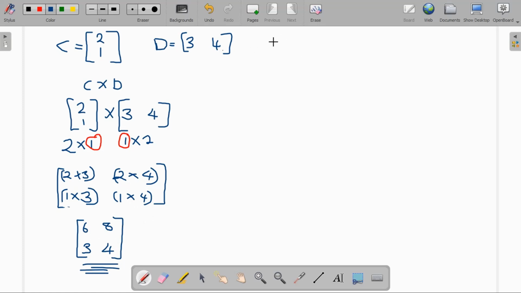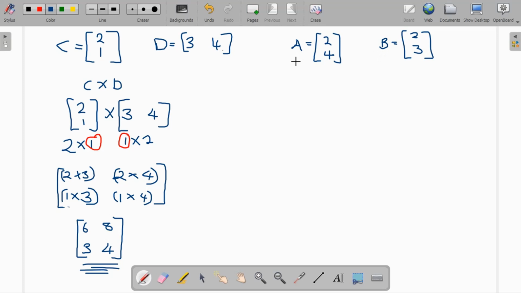Let me give another one this side. So another one, we have A. Let's say we have a matrix 2 and 4, and then we have B, which is 2 and 3.